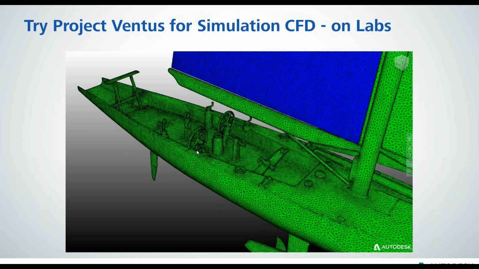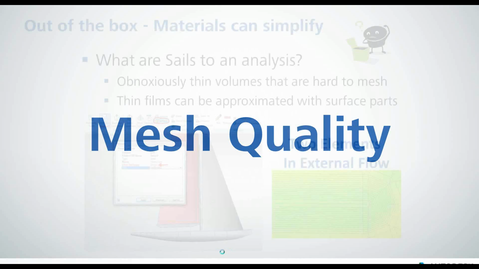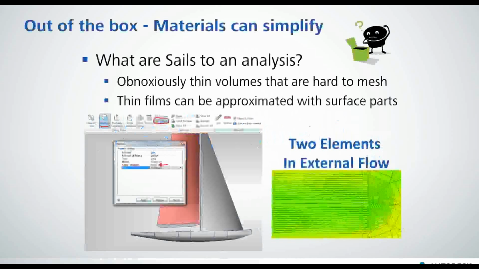So since we're talking about mesh, let's go on to the next piece of the puzzle. We're talking about the mesh quality. So here are some out-of-the-box techniques that you might try for any of your analysis that are going on. In particular to this analysis, we're talking about sails, but really I'm talking about materials. Wait a minute, I'm talking about mesh. No, I'm talking about materials.